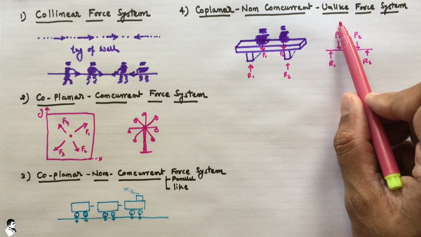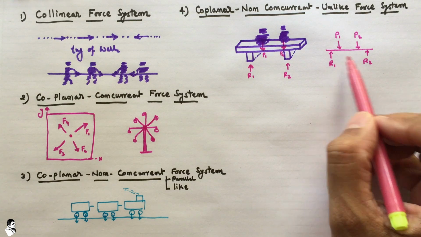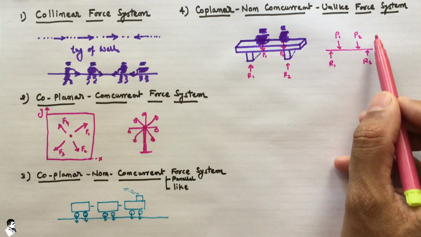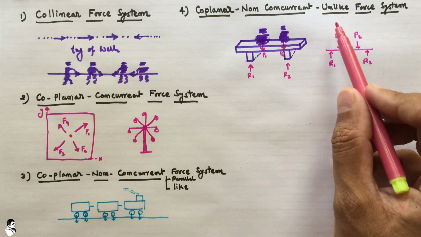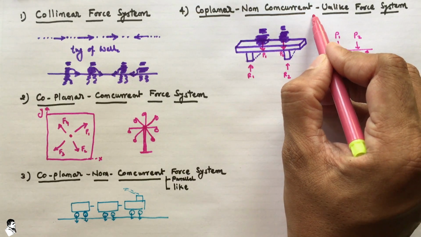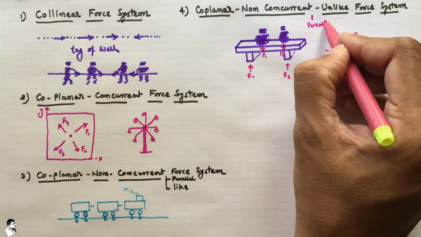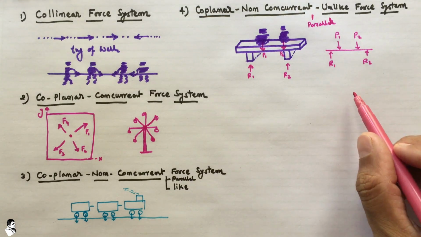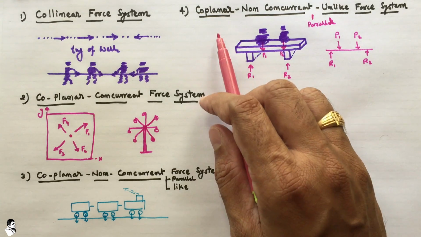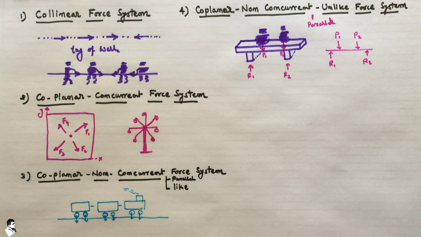Is it unlike forces? Yes, R1 and R2 go in this direction and P1 and P2 go in this direction. You can also add here parallel. Yes, it is parallel. So again, coplanar, non-concurrent, parallel, unlike force system. So this is an example of that.